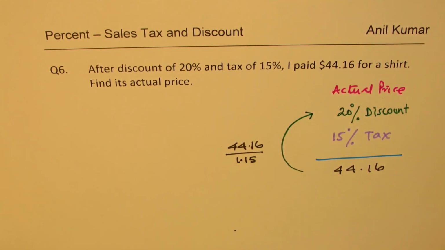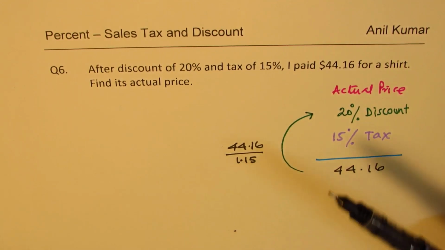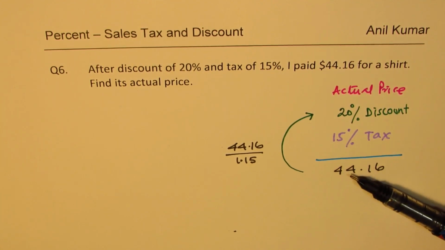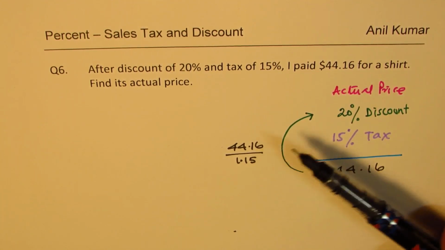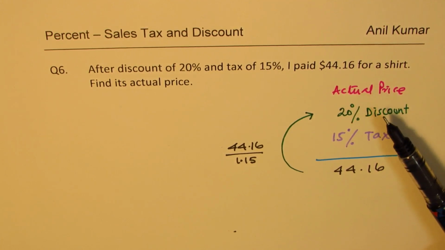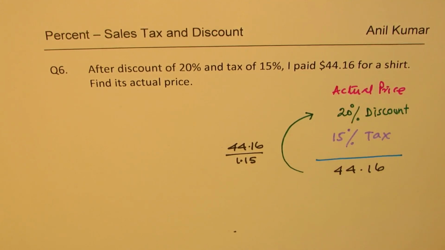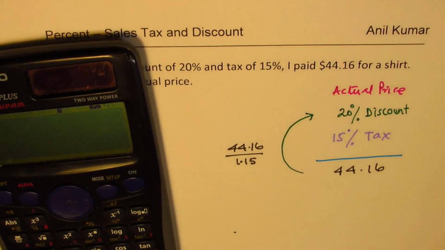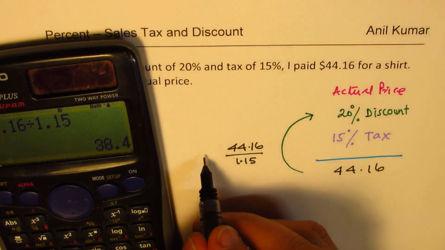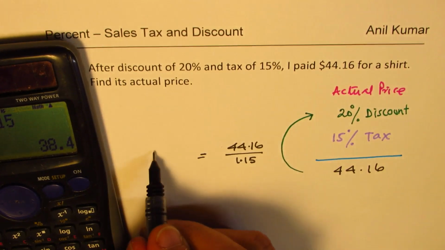Is that clear? All right. I should divide this amount by 1.15 to get the amount which was after discount. That is the first step. So let's figure this out. 44.16 divided by 1.15 gives you a value of 38.40.